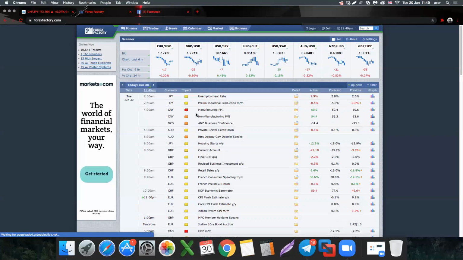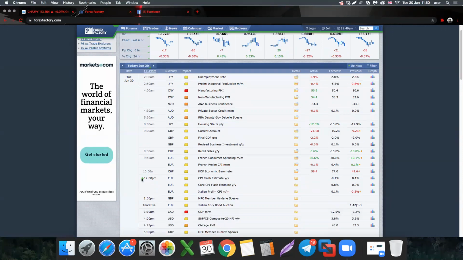When I see red folders, I don't trade. For example, we are here now, nothing special, but in about 3.5 hours there will be some news about the Canadian dollar.